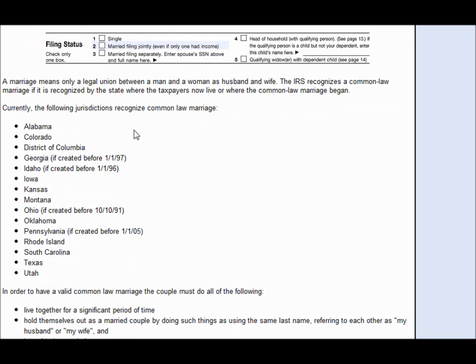Note below the listed jurisdictions that recognize common law marriage. As you can see, for certain states, such as Georgia, Idaho, Ohio, Pennsylvania, please remember to ask your client, when was the common law marriage created?